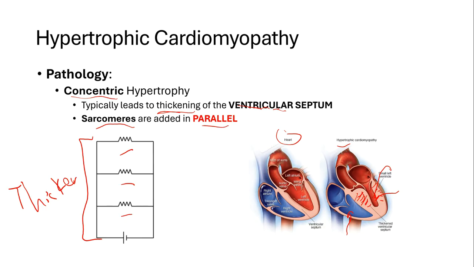So they sometimes like to test you on the pathophysiology on your board exams. So this thickening of the ventricle leads to a decrease in something known as the left ventricular compliance. That is important to know. You have a decrease in compliance because of all that extra muscle.